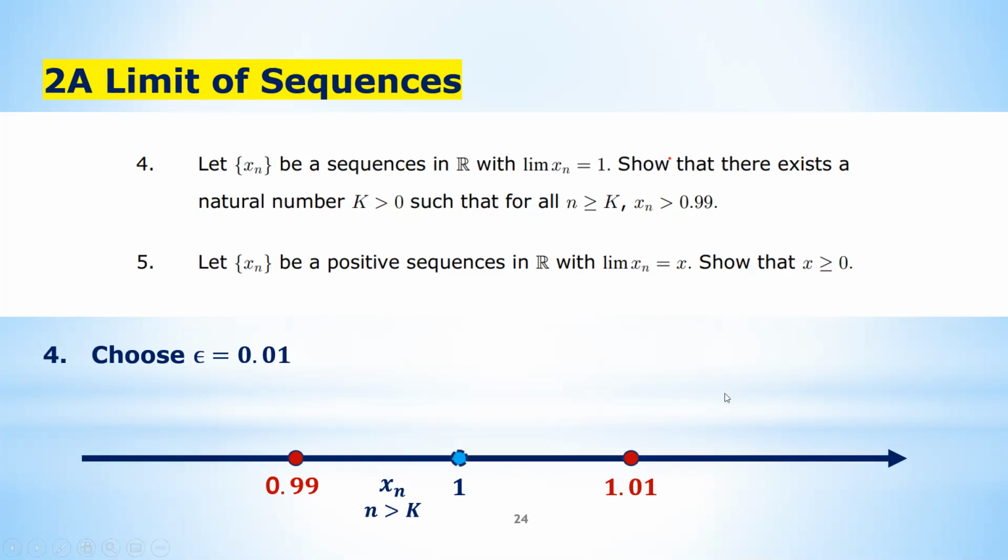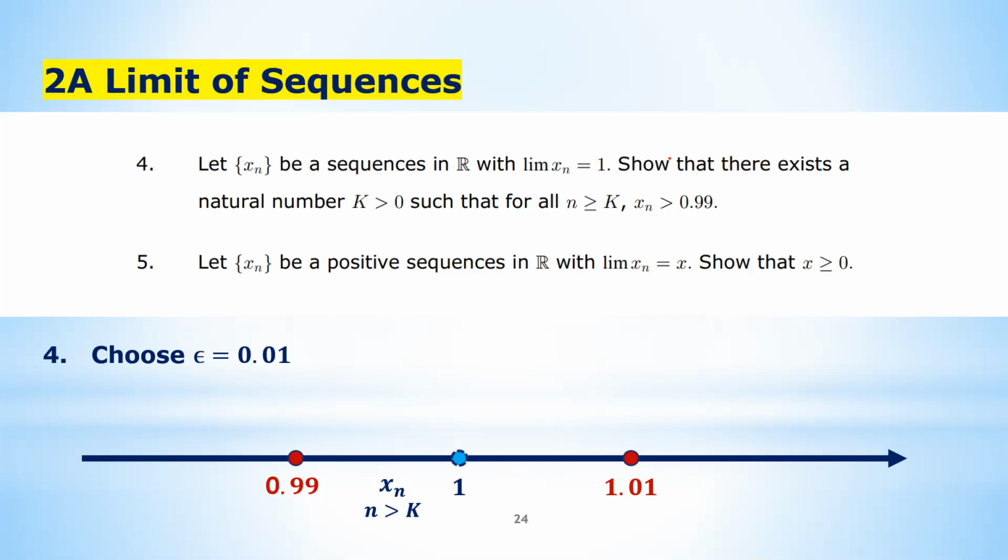You think about it this way. You're using epsilon equal to 0.01. You create an interval surrounding 1. The left endpoint is 0.99. The right endpoint is obviously 1.01. So by choosing epsilon equal to 0.01, you create an interval like this surrounding 1.